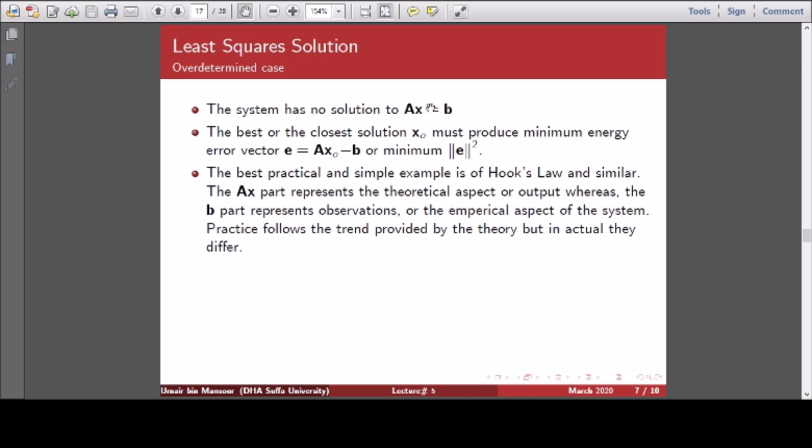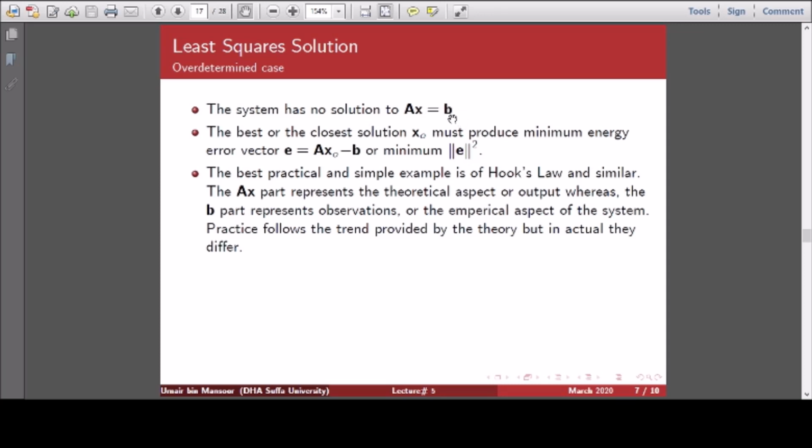This gives us the theoretical response, and the b on the right hand side gives us the actual empirical response that we are getting in the lab.